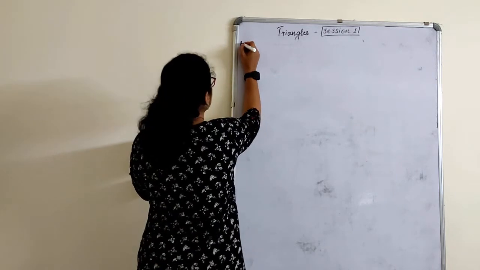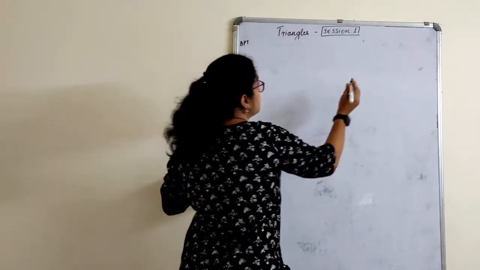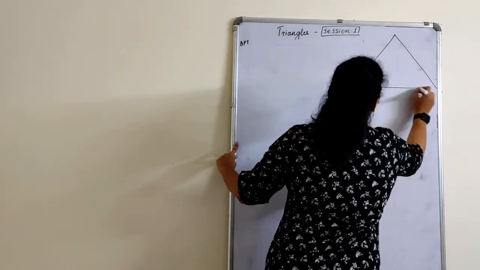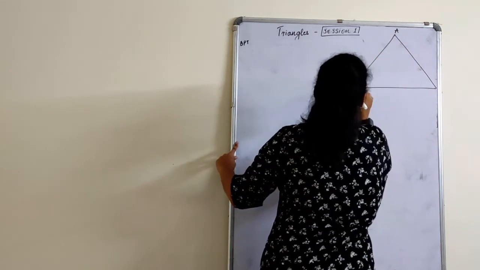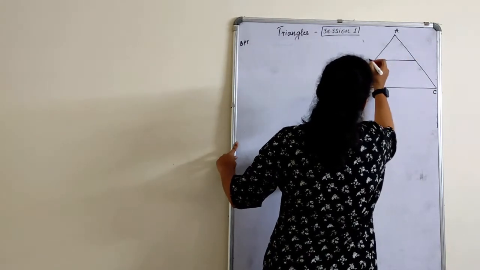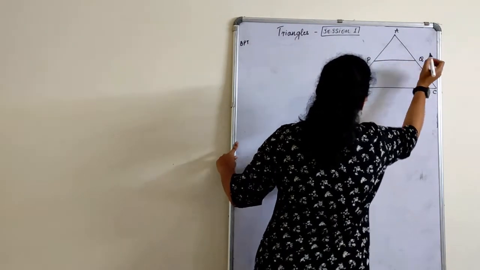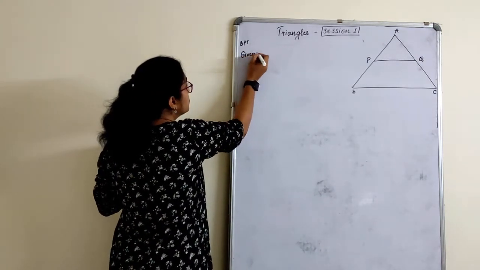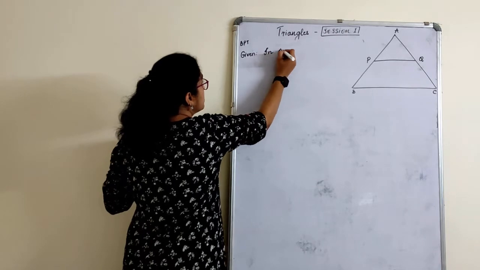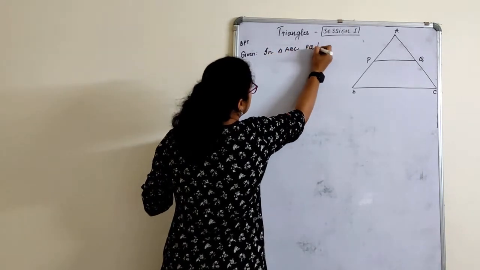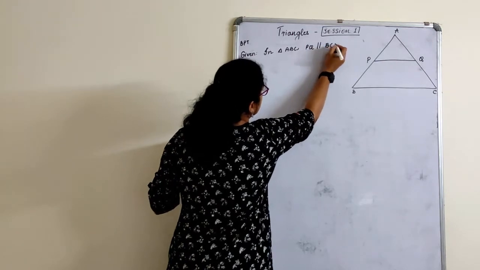I will write in small here BPT. So let me consider a triangle ABC, and I consider now PQ. Given: in triangle ABC, PQ is parallel to BC.